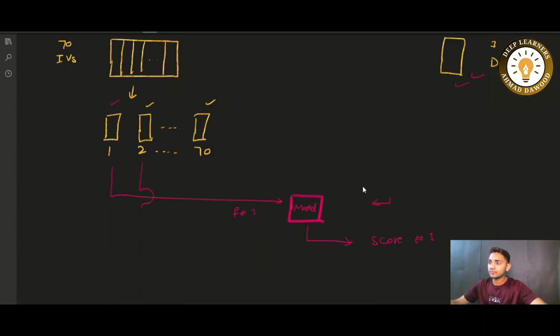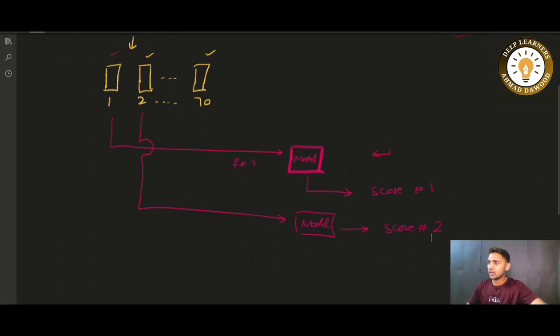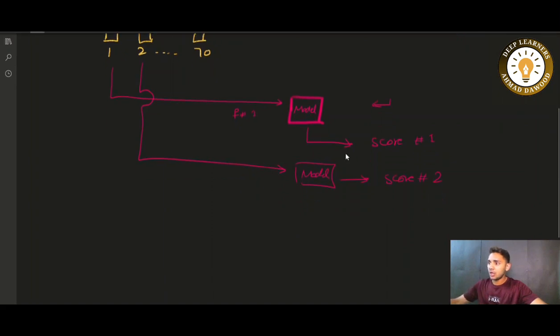In the same way, you will train a model on feature number two, and it will give you some score. Keep in mind, the independent variable you always have to feed during training, so that's why I am not always mentioning it here. In this way you will train the model separately on all 70 features, and after training you will get scores up to score number 70.